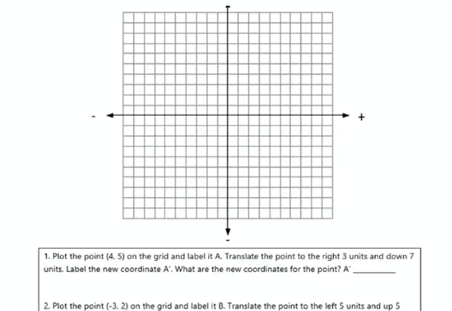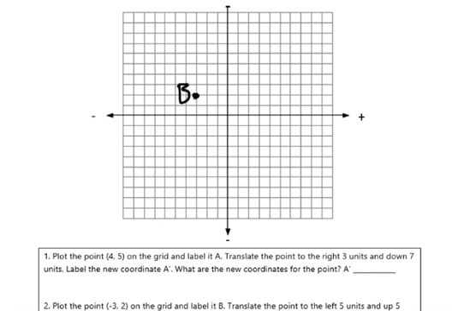Okay, if you look at the second one, you still have A and A prime on your graph. I don't. But this time, we're going to plot the point -3, 2. So -3, 2 is going to be in that second quadrant. Label your point B. And again, starting from point B, translate the point to the left 5 units and up 5 units, and label it coordinate B prime.